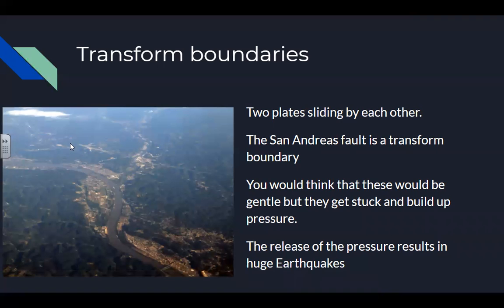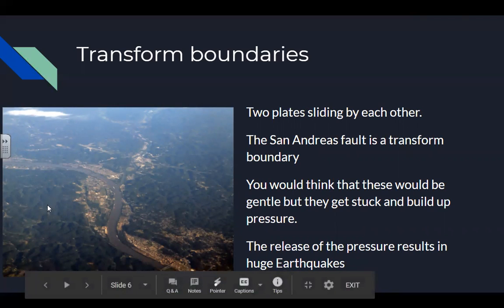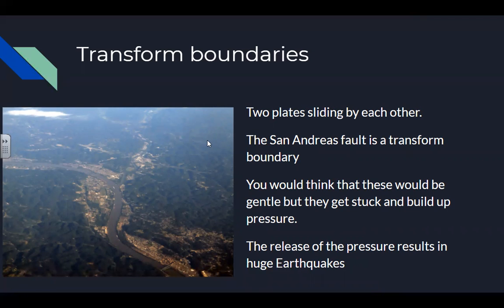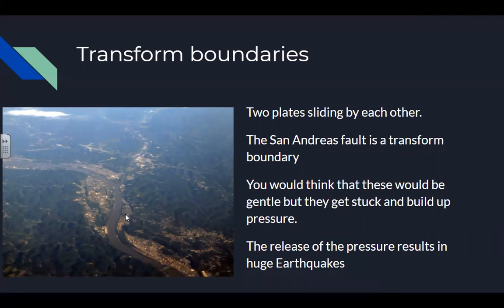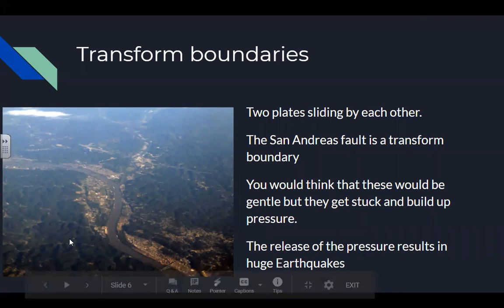Well, this side of the boundary is moving up, and this part of the boundary is moving down. So the river used to be straight, but then the ground shifted, and as the ground shifted, it moved the river with it.